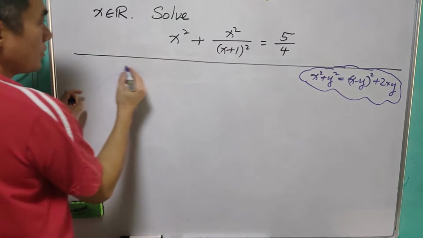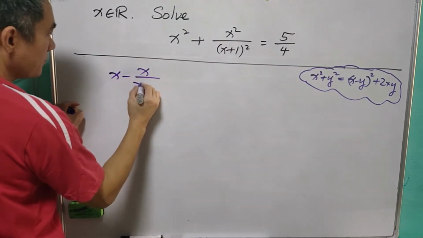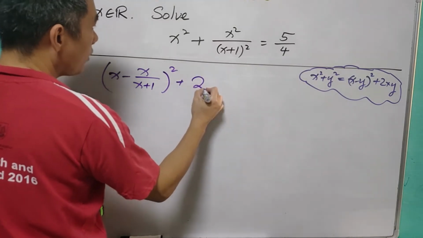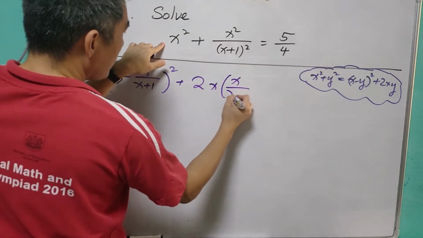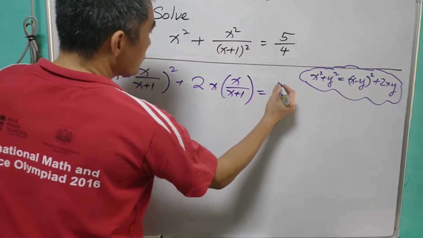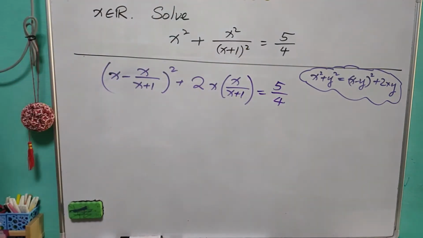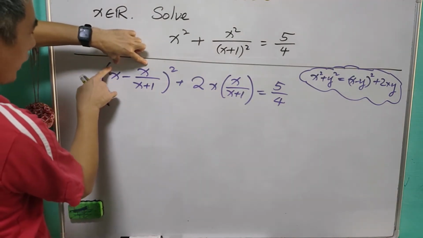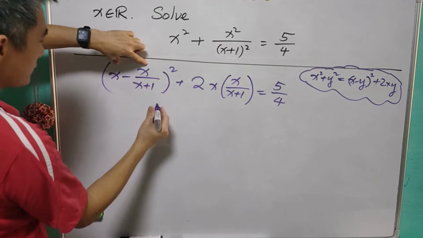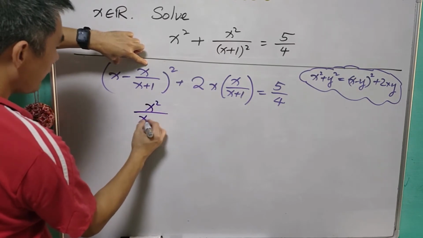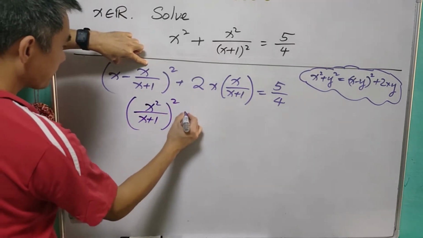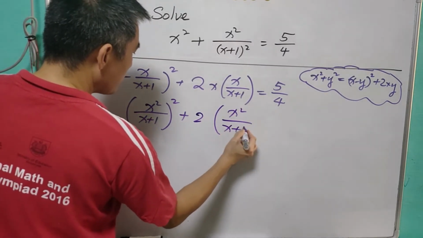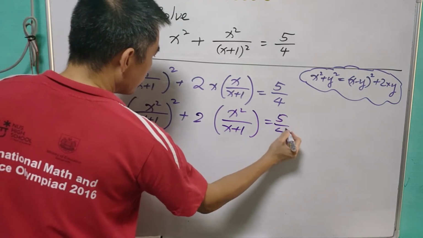By using this method, it will be (x minus x over x plus 1) squared plus 2 times x squared over x plus 1 equals 5 over 4. It is interesting to note that x minus x over x plus 1 is equal to x squared over x plus 1, so it will be x squared over x plus 1, squared, and plus 2 times x squared over x plus 1 equals 5 over 4.